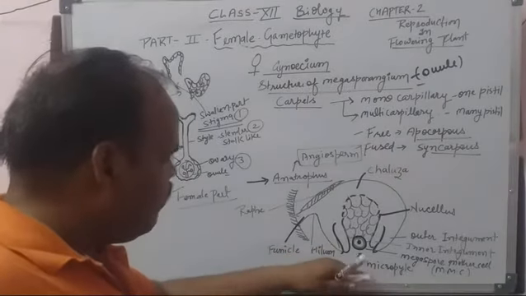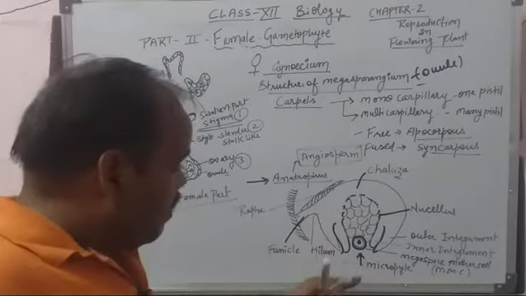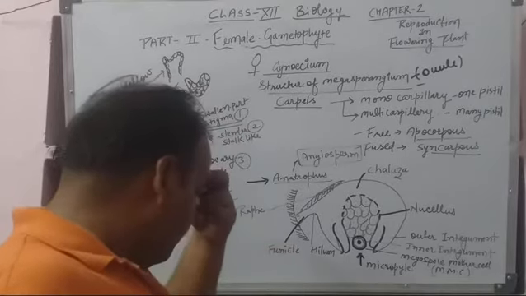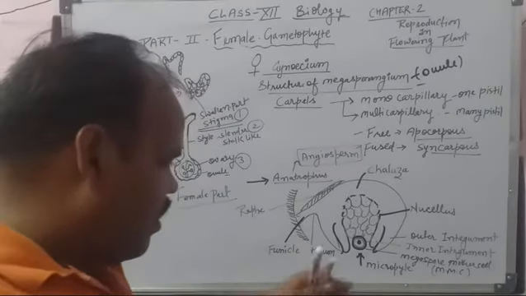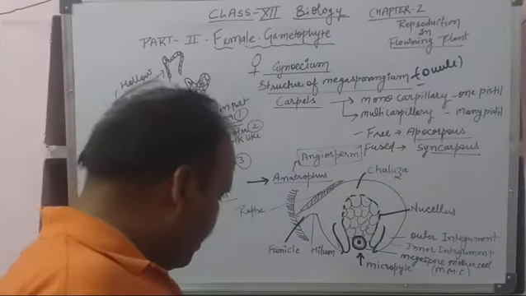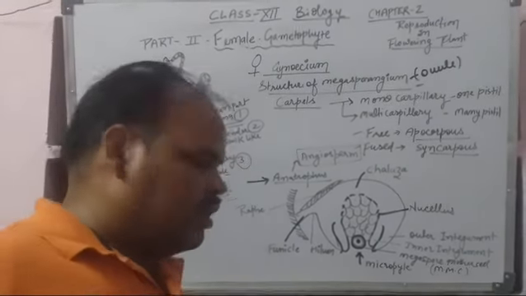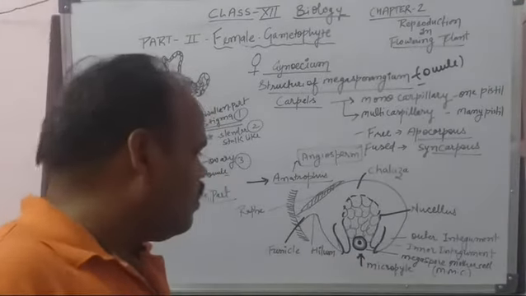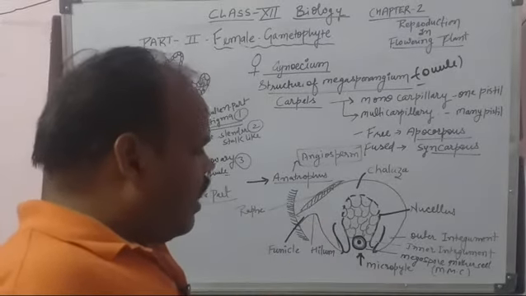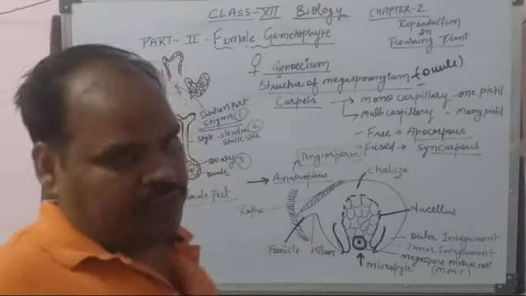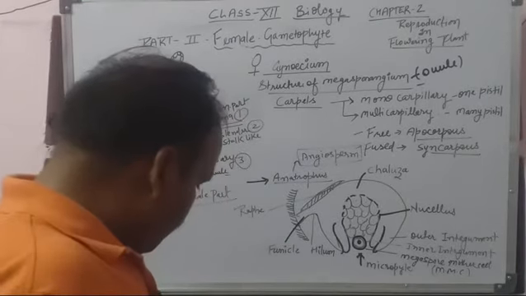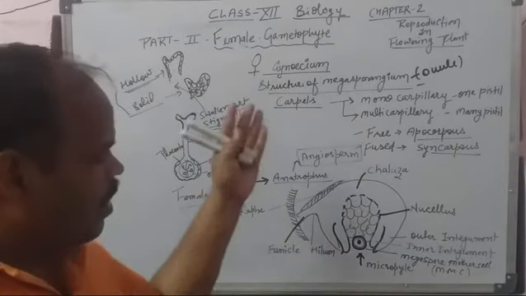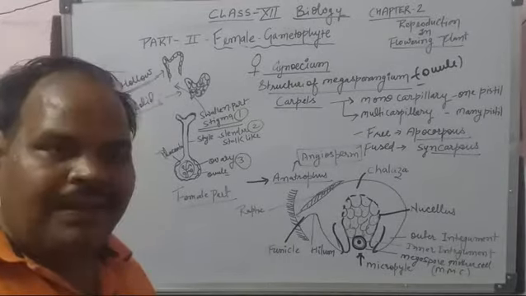So these are the megaspore mother cells, the female megaspores, which will be divided by various types of divisions, and they form haploid structures, called megaspores, in megasporogenesis.